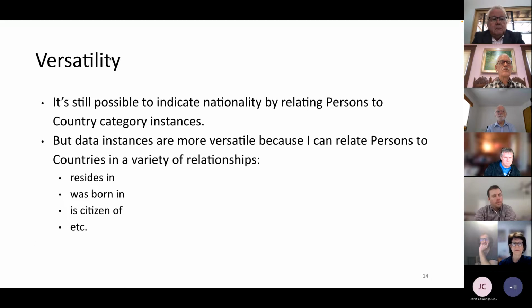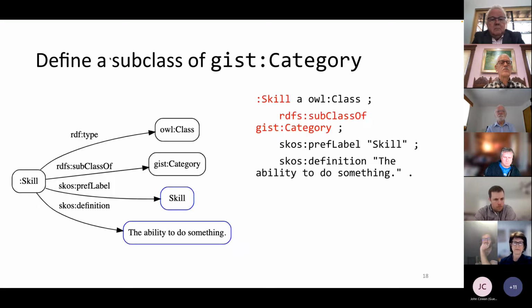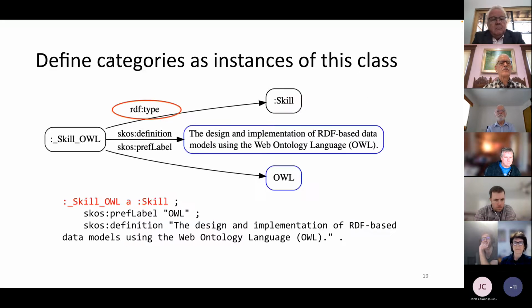So we said that you define a subclass of gist:Category. For example, here we have the subclass Skill, which is a subclass of gist:Category. And then you define different instances of this Skill class.